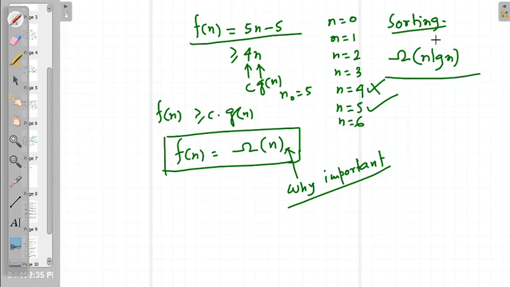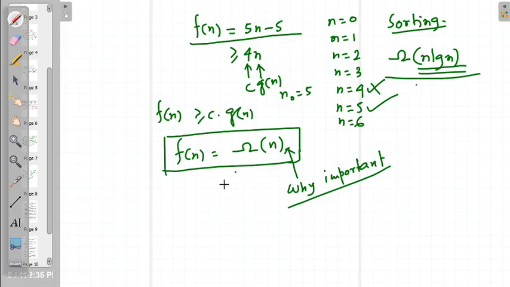The implication of this is that no matter how you try, in general the comparison based sorting will be taking greater or equal to n log n time. So it is a very convenient notation for saying some kind of lower bound.